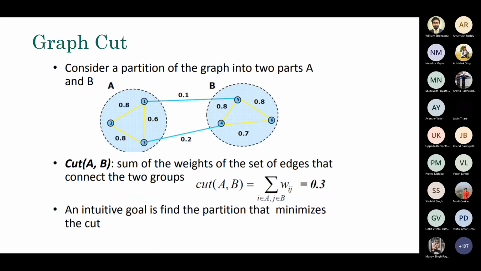In this particular case, the cut value is 0.3 because there are two crossing edges with weights 0.1 and 0.2. So the cut value of the two sets A and B is 0.3. The primary goal is to find a partition that minimizes this cut. Same minimum cut business, but on a weighted graph. Because there is a slightly different challenge, you have to tackle this slightly differently.